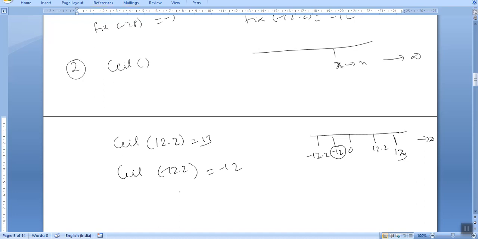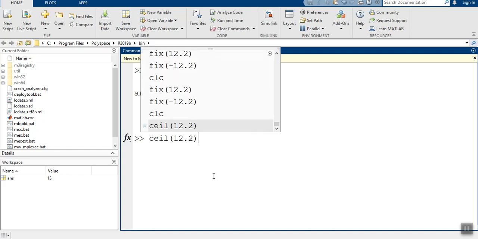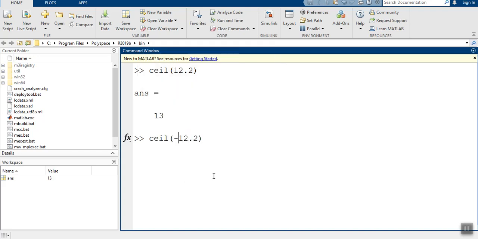I will show you in the software. CLC, ceil of 12.2, you should know the differences. Ceil 12.2 is 13, ceil minus 12.2 is minus 12.